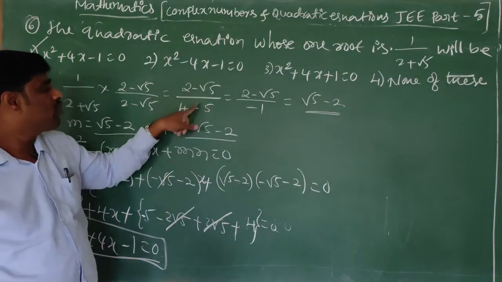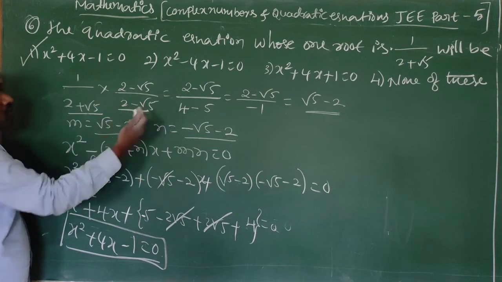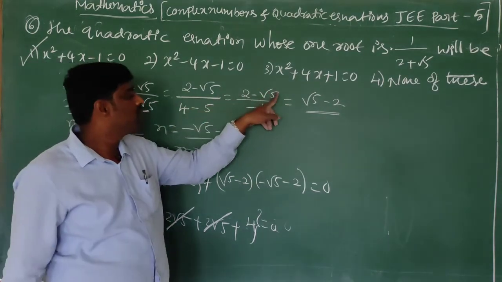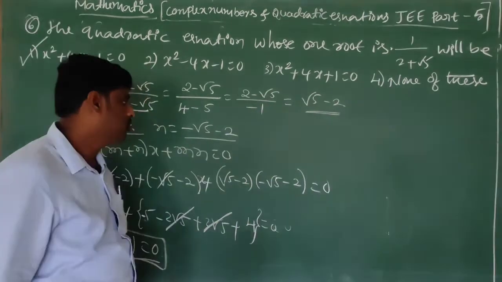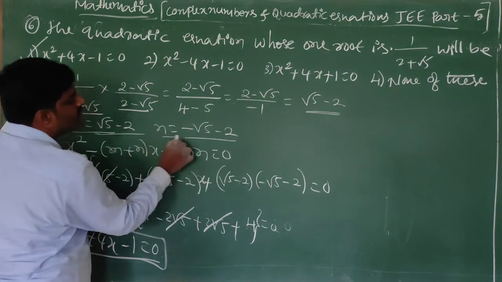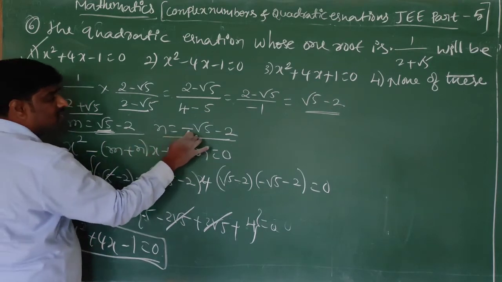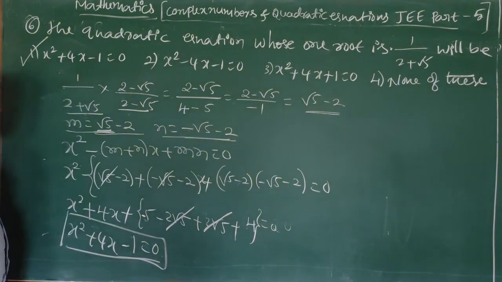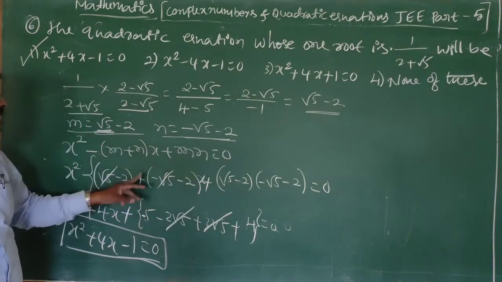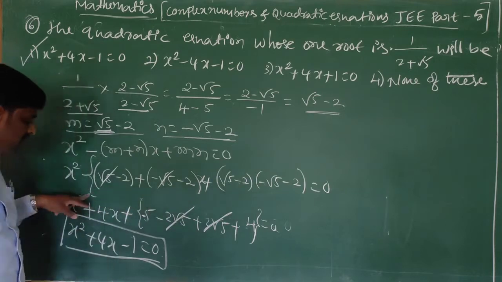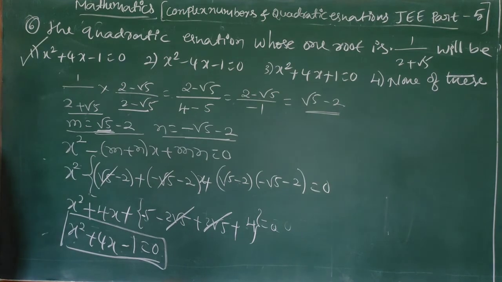It is (a plus b) into (a minus b), 4 minus root 5 whole square is 5. 2 minus root 5 divided by minus 1, so that is root 5 minus 2. This is one root, and the other, rationalizing the coefficient of the rational number, is minus root 5 minus 2. So x square minus (m plus n) of x plus mn is equal to 0. Substitute the m value and n value, and simplifying we get x square plus 4x minus 1 is equal to 0. That is the first option.